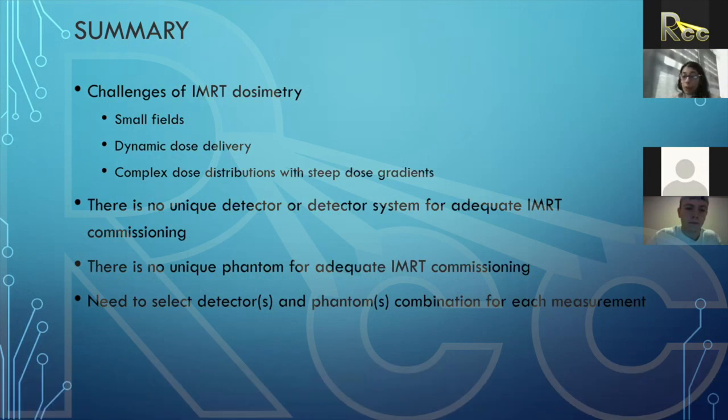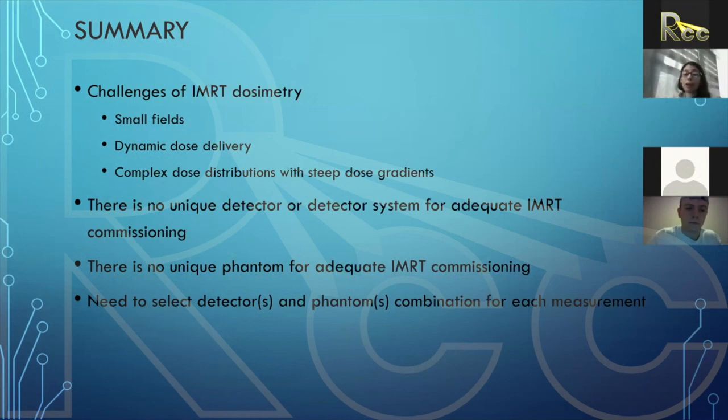After you do your beam modeling, you create plans, right? And then after you do your plans, you have to go back to the machine and deliver that treatment. So you need a combination of phantoms and ion chambers and diodes to collect the data.